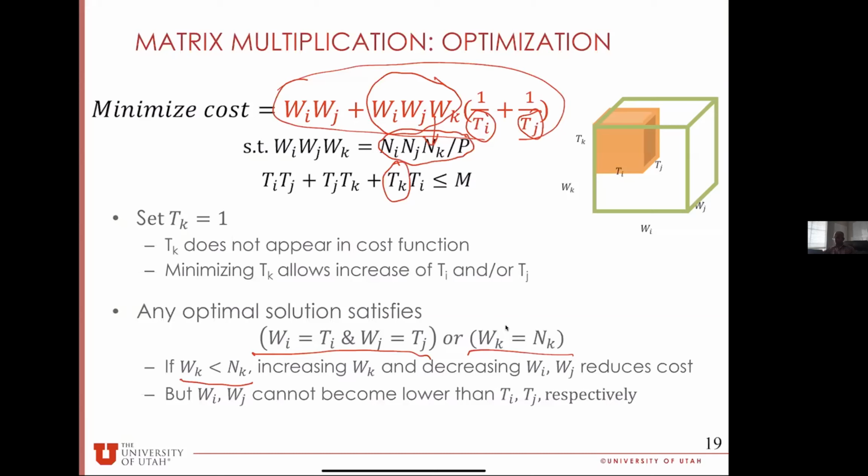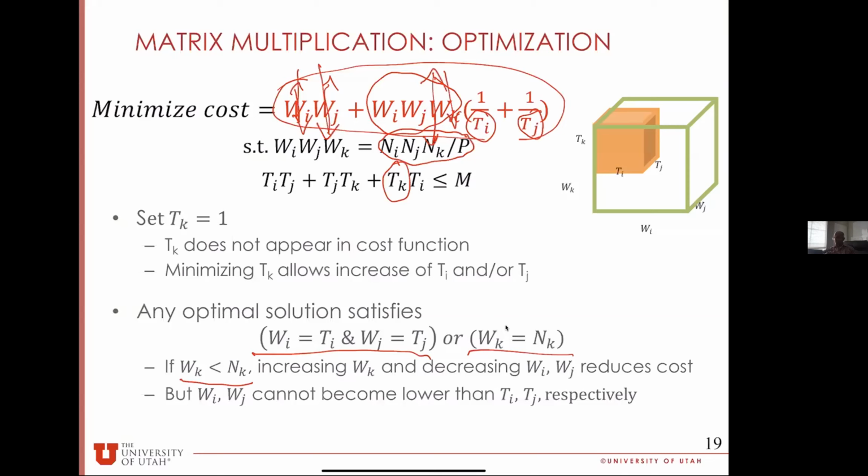So we can simultaneously decrease Wi and Wj and increase Wk to keep the second term fixed, and this decreases the cost function if we have Wk less than Nk.